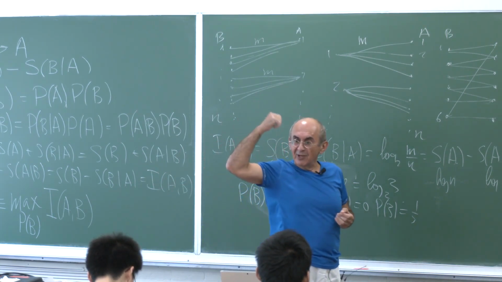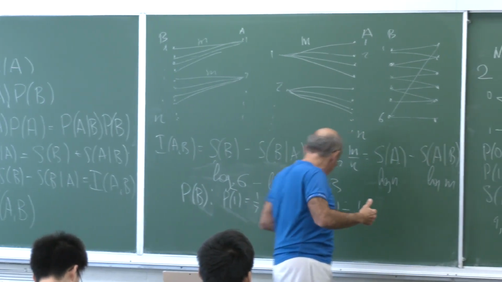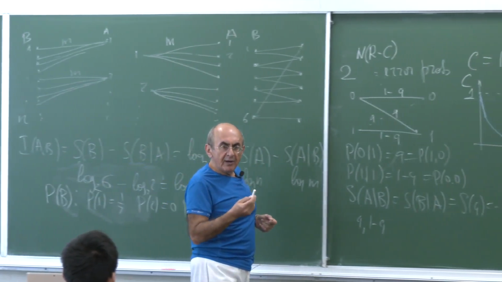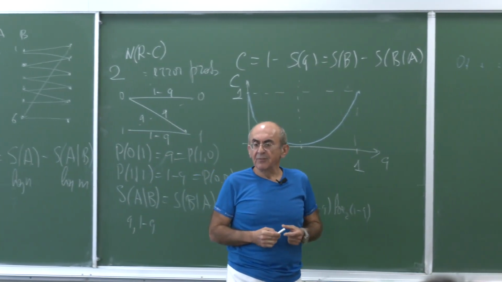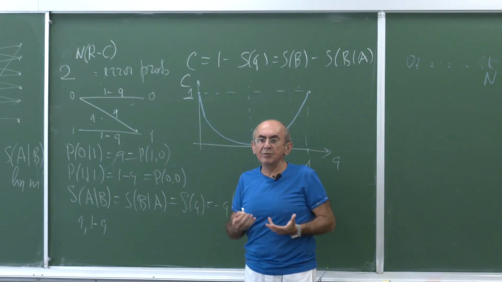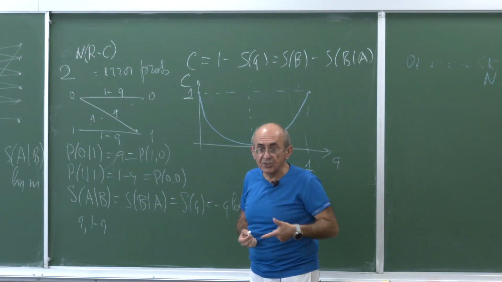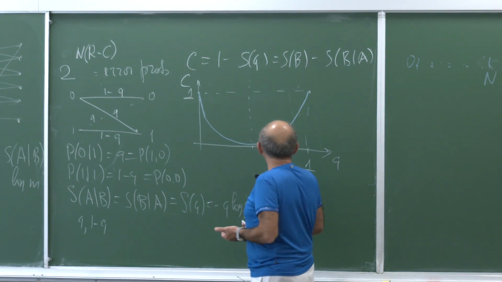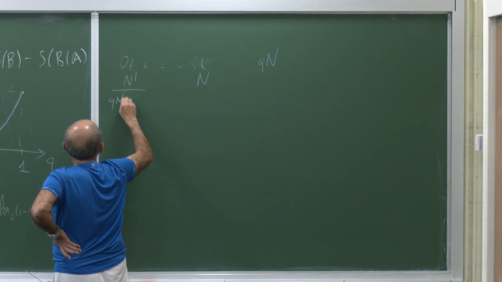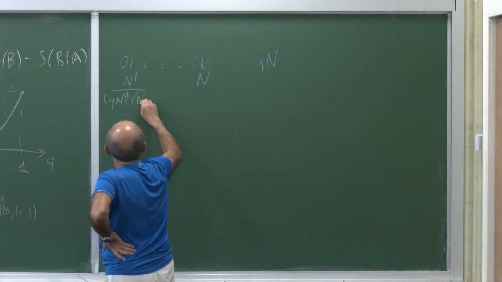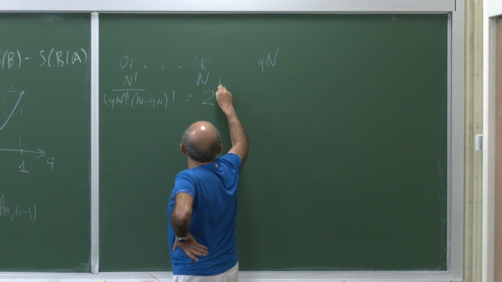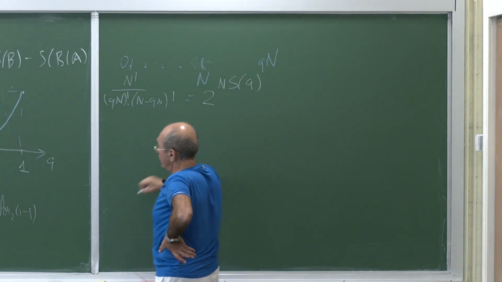Exactly like, remember when we were getting from Boltzmann entropy to Gibbs entropy, we need to know. So our error corrections must be no fewer bits than there are possible positions of errors, right? Which are, of course, n factorial divided by qn factorial divided by n minus qn factorial, which is 2 to the power n S of q.